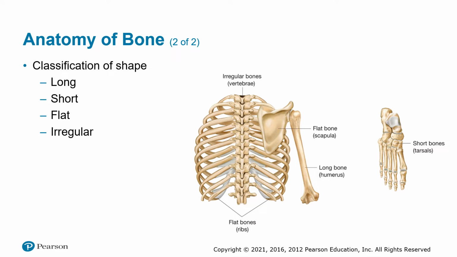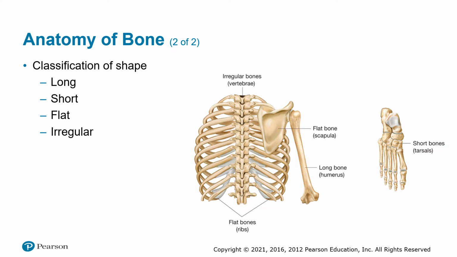Bones are classified by shape. They can be long, short, flat, irregular. Long bones include the humerus, the femur, the radius, ulna, tibia, fibula. All those are long bones. Short bones would be your fingers, your toes. Ribs would be a short bone.